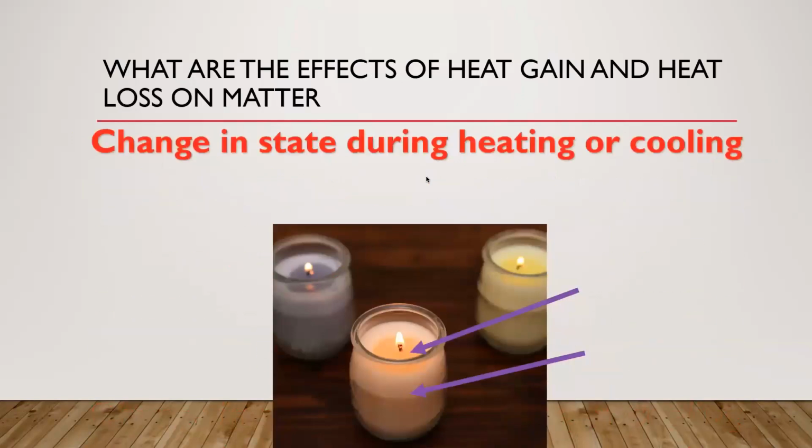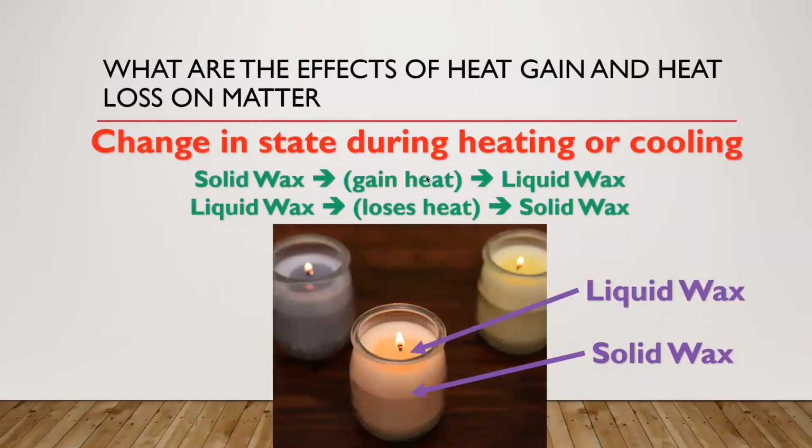The change in state during heating or cooling. You can see from the picture here, we have the candle, the solid wax on the bottom, further away from the flame, whereas the wax that's nearer to the flame becomes liquid wax. When the candle is burning, the heat causes the wax to change from a solid state to a liquid state.